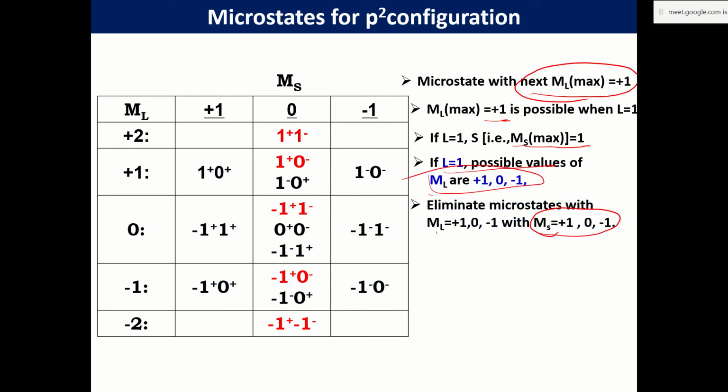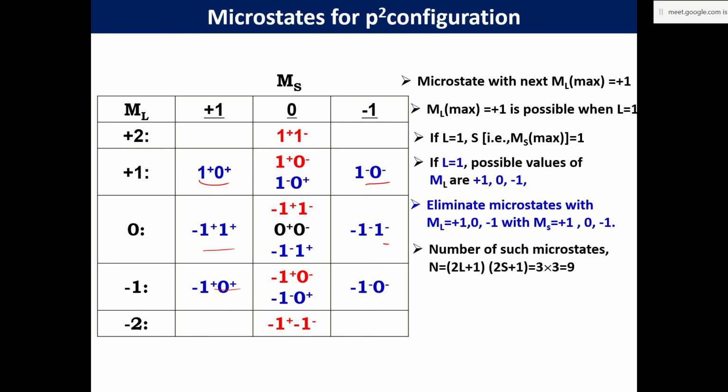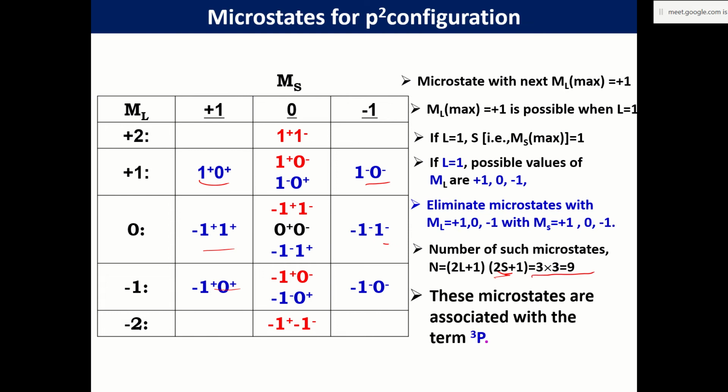These belong to the next term. Capital L is equal to 1, so it is the P state, and 2S plus 1 with S equal to 1 is 3. So it becomes 3 into 3, which is 9 microstates.